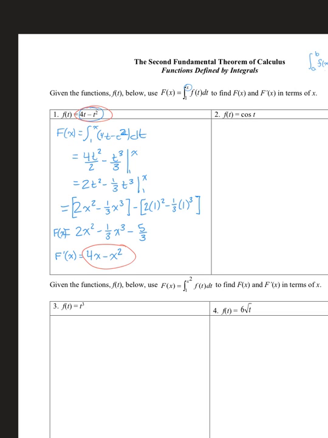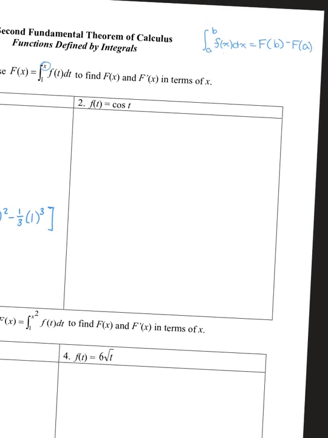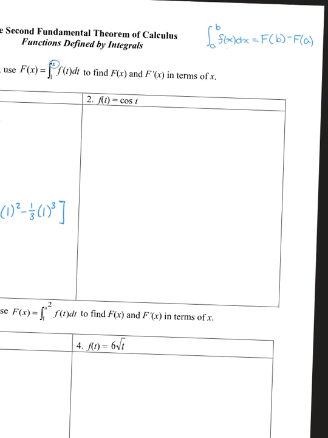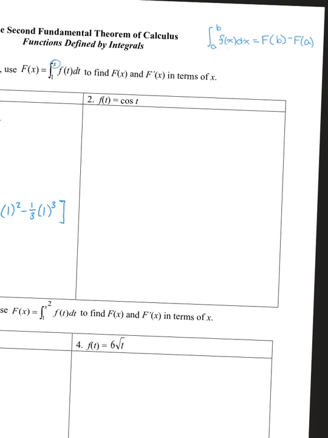Okay, so if we look at number 2, now our function is cosine. So to find F of x, capital F of x, it is the integral from 1 to x of cosine t dt. So if you integrate cosine, you do get sine.